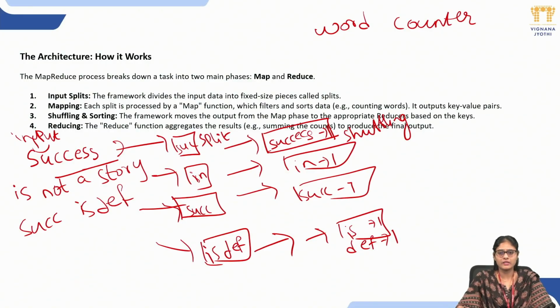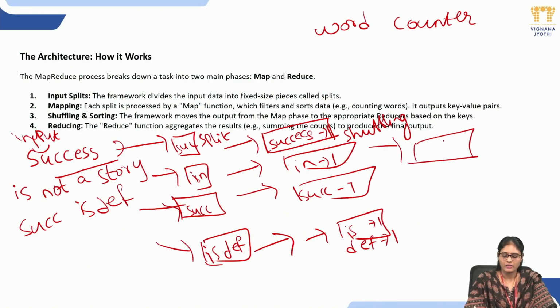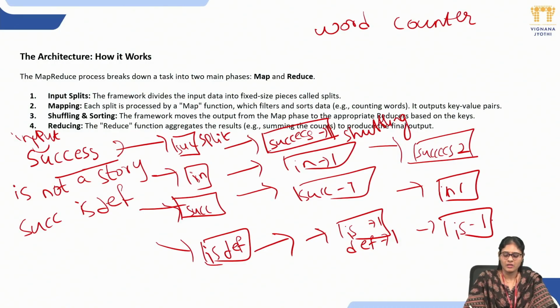So this is the shuffling stage. Next comes sorting. Success, 2 times. In, how many times is it there? 1 time. Is, 1 time. In this way it will sort and reduce how many times the words are there.